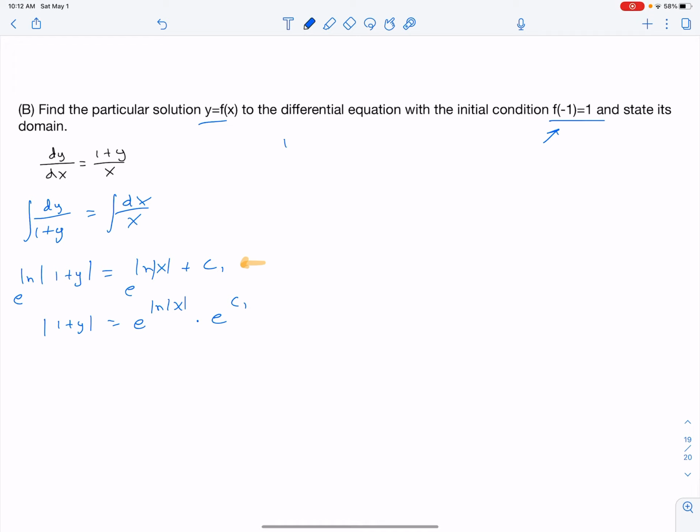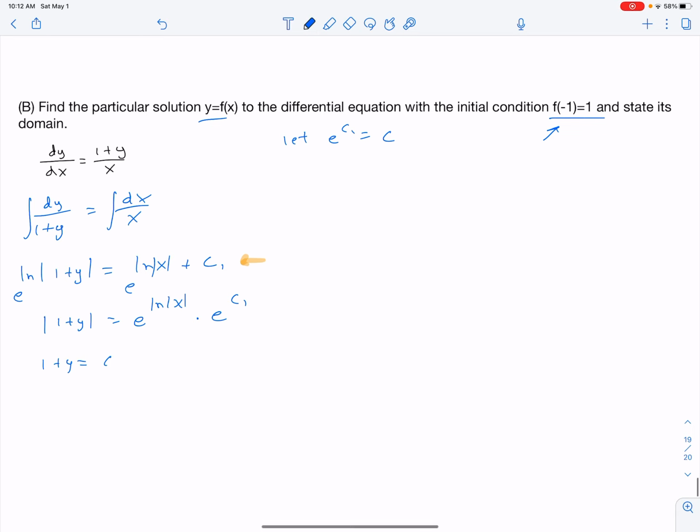If I let e to the c1 equal c, then 1 plus y equals, and the e and natural log cancel out, so we just get c times the absolute value of x. At this point, let's plug in our point.